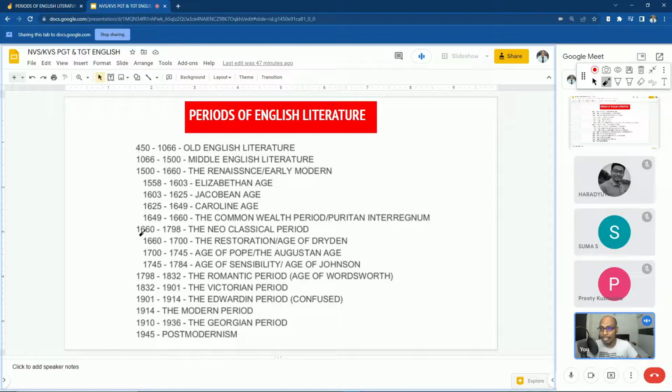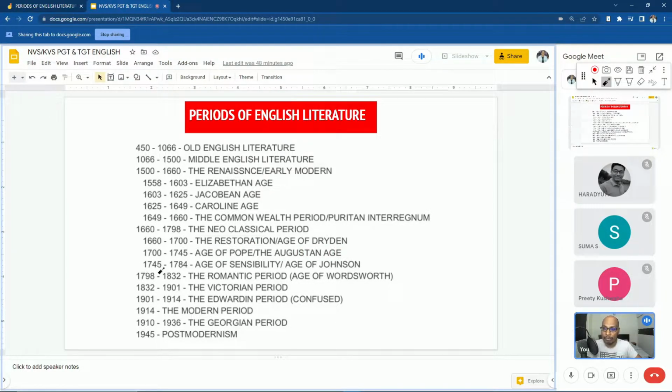Then from 1660 to 1798, this period is known as the Neoclassical Period, and it is again subdivided into three different periods or ages. From 1660 to 1700, it is known as the Restoration or Age of Dryden. Then from 1700 to 1745, it is called the Age of Pope or the Augustan Age.